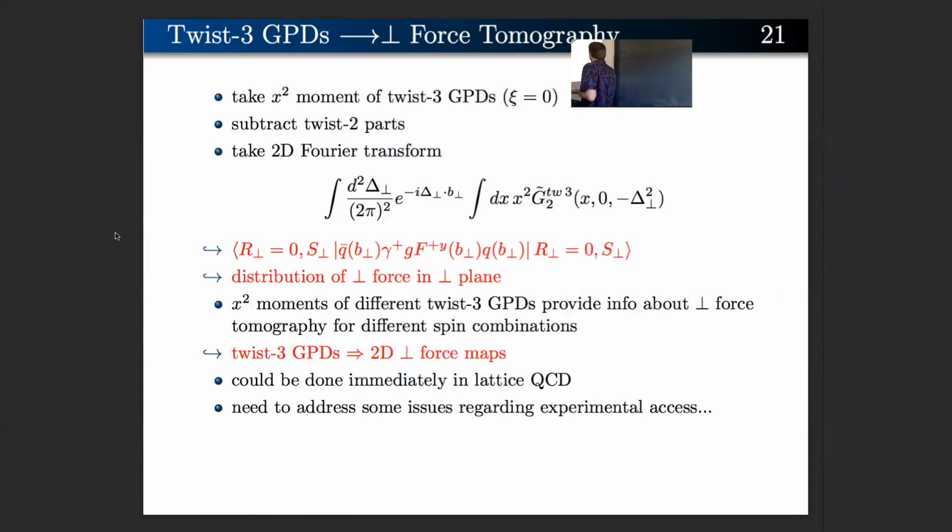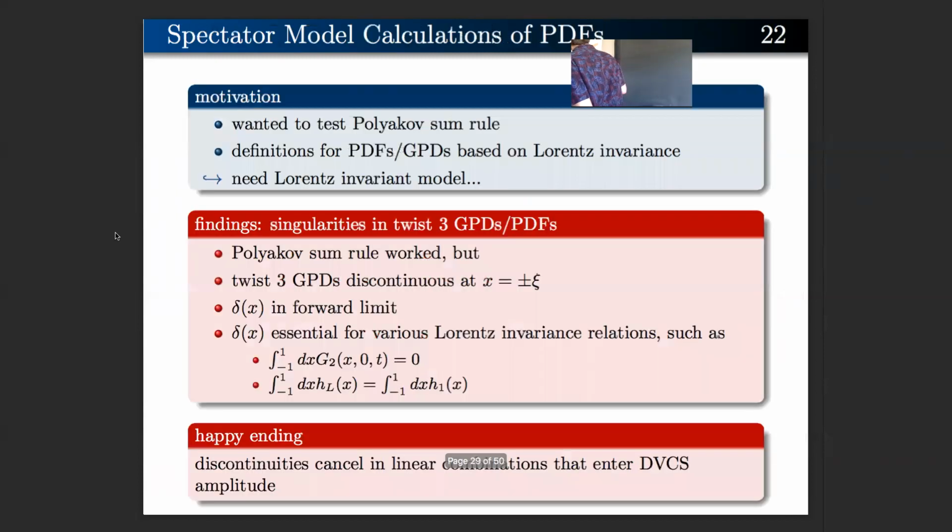So ideally, if one day we know what these twist 3 GPDs look like, we can draw force fields that show how the transverse force in the proton acting on a quark at a certain transverse position looks, which direction it points, how strong it is. So that was the motivation for all of these calculations.